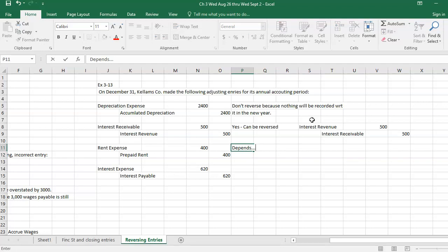Okay, if this completely finished off the prepaid rent, then no, I'm not going to want to reverse it. But actually, I'm not going to want to reverse this one at all. So I'm going to say probably not. This one, yes, can be reversed. And it would be interest payable and interest expense.